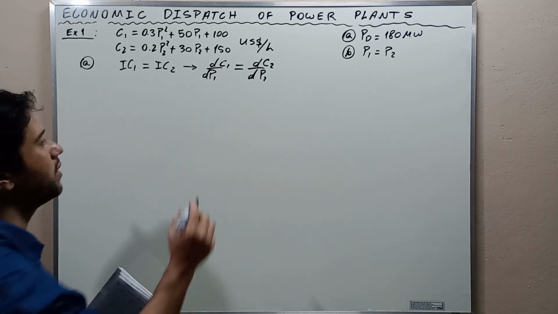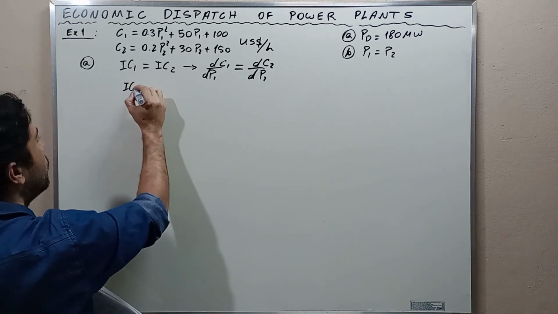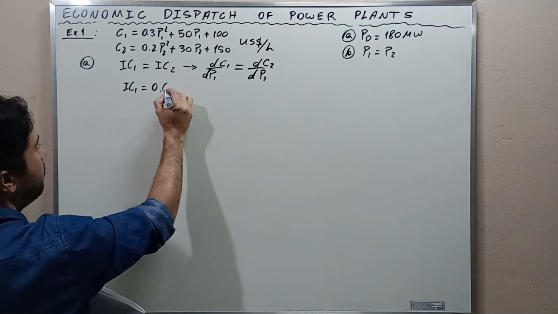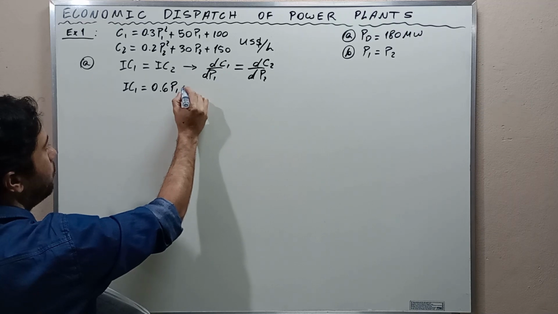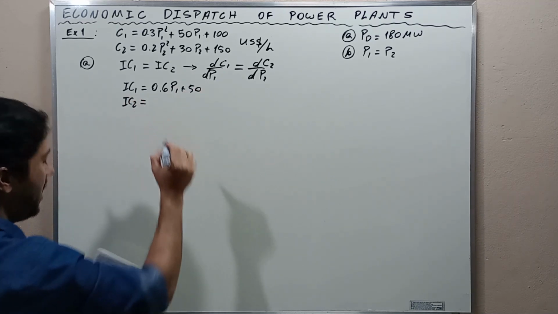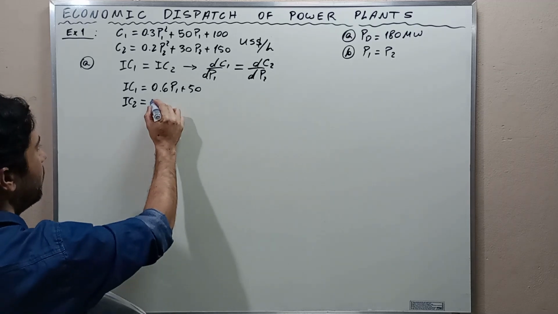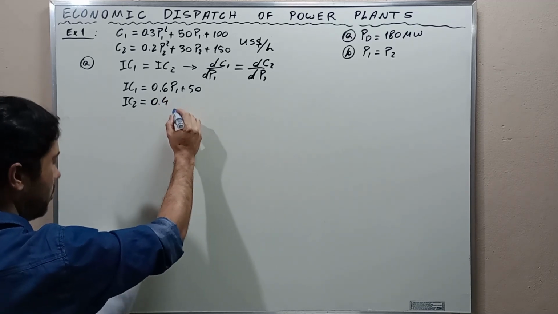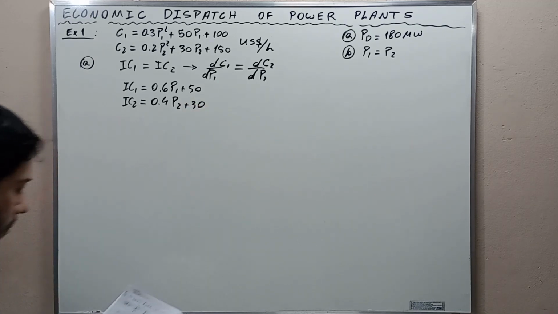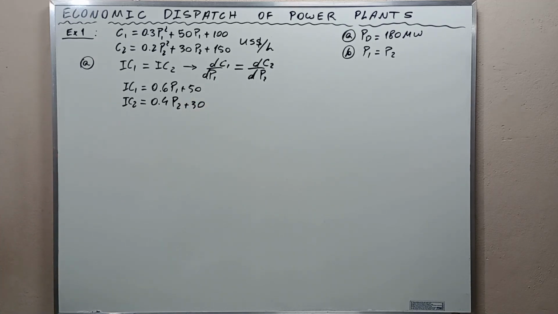Calculating, we find that IC1 is equal to 0.6 P1 plus 50, and IC2 has to be equal to 0.4 P2 plus 30. Alright?